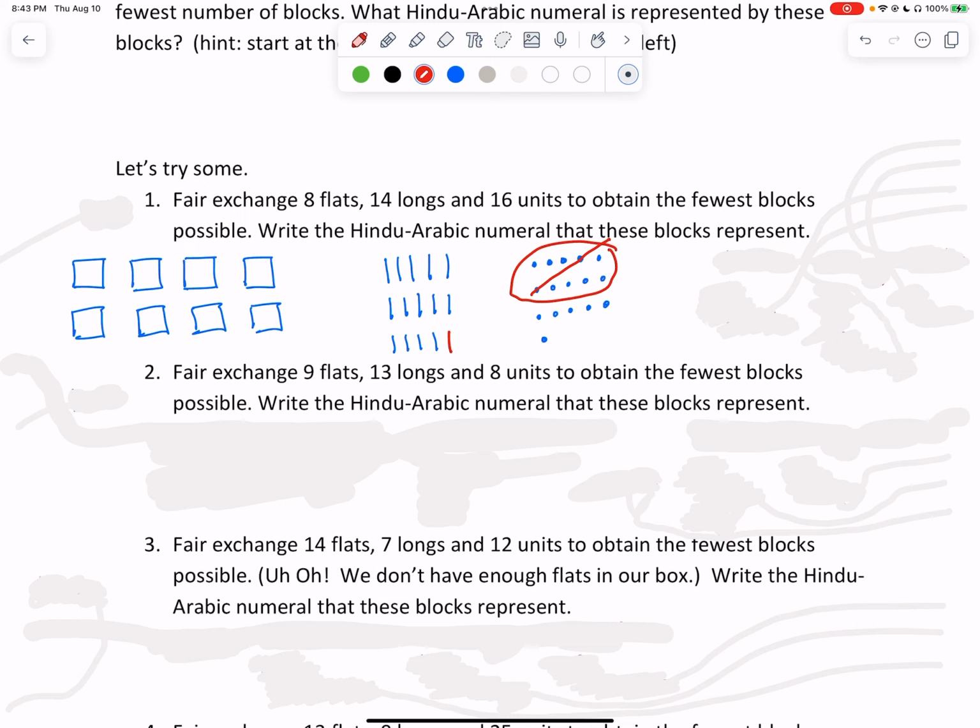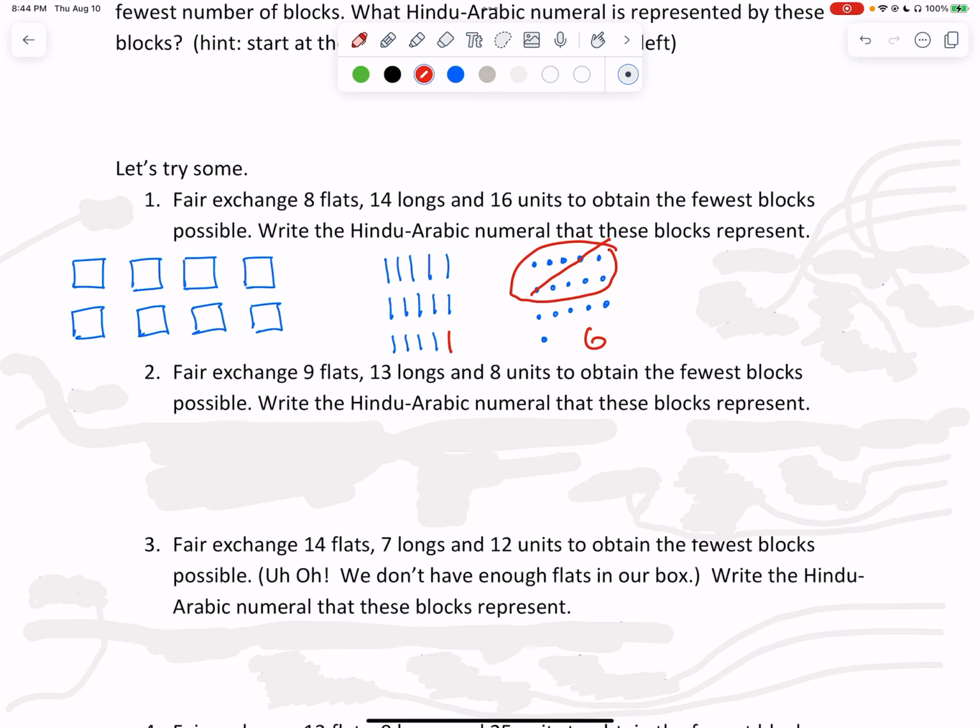Those 10 I would move to the side, and instead I would replace it with a rod. So what do we have left? We've got 6 units left. If you had 26 units, then you would have 2 sets of these, and you would have 2 rods over there.